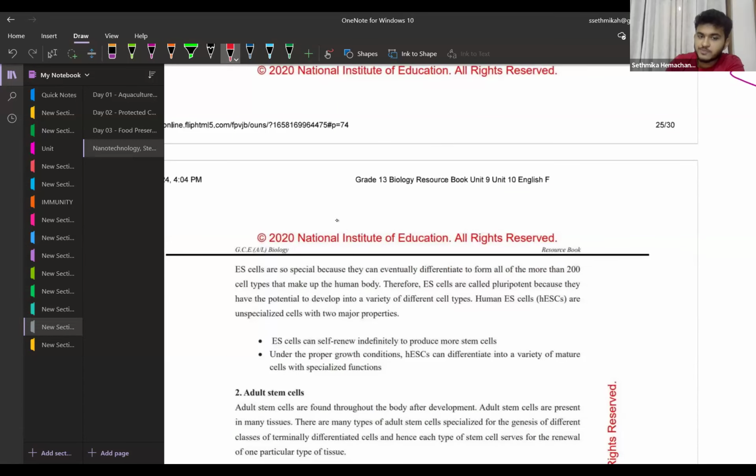Embryonic stem cells are so special because they can differentiate to form all of more than 200 cell types that make up the human body. Anything in this human body is made from the embryo. So any cell out of that embryonic stem cell can differentiate into any of the 200 cell types in the body. Therefore, embryonic stem cells are called pluripotent because they have the potential to develop into a variety of different cell types.